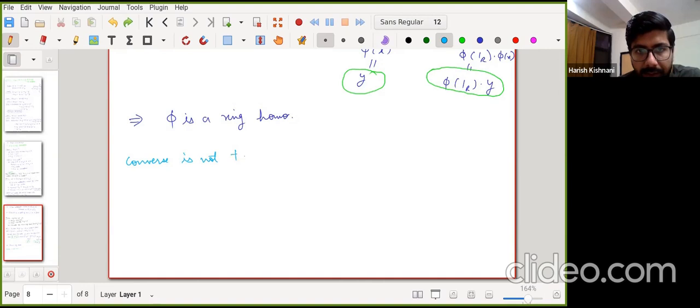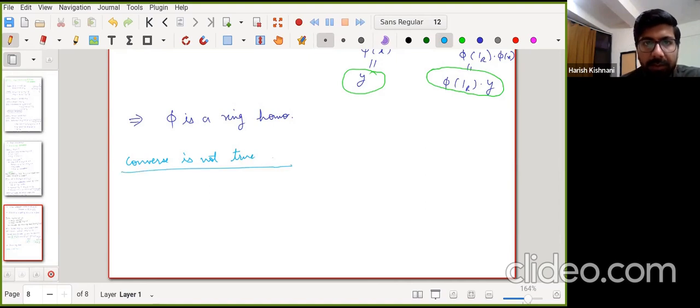These kinds of questions you may sometimes find in competitive exams also, where you might need to check whether these statements are true or not. That compatibility with addition and multiplication with onto implies that it's a ring homomorphism, but the converse part is not true.